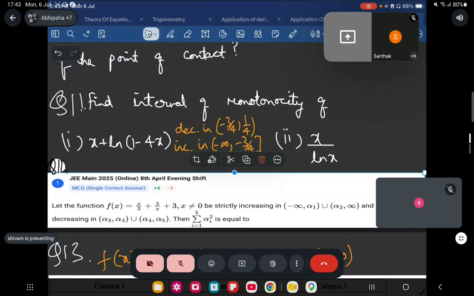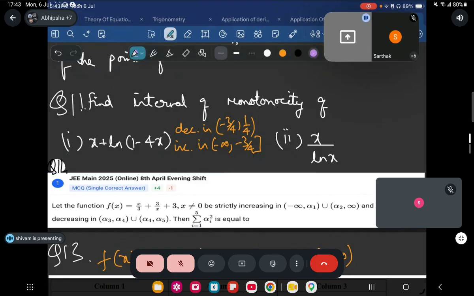Understood, sir. Okay. Next one, x upon ln x. I'm writing the answer. It is increasing in e comma infinity. Anyone having any doubt? Increasing in e comma infinity.